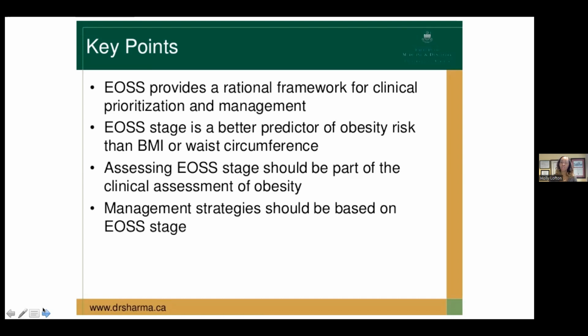We need to understand the patient's day-to-day aspects of living to determine how severe their obesity is and how it's affecting them. And that is a better correlate of their risk of death and weight-related comorbidities. This is a better measure than BMI or waist circumference. But of course, it takes a little more teasing out again of the patient to determine these.